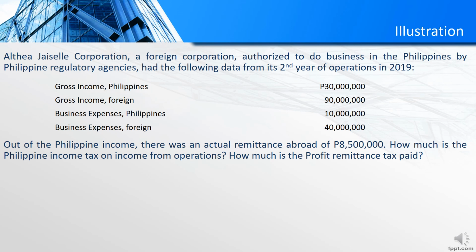It has gross income from the Philippines of 30 million, gross income from foreign sources of 90 million, business expenses in the Philippines of 10 million, and business expenses from foreign sources of 40 million. Out of the Philippine income, there was an actual remittance abroad of 8,500,000. How much is the Philippine income tax on income from operations? And how much is the profit remittance tax paid?